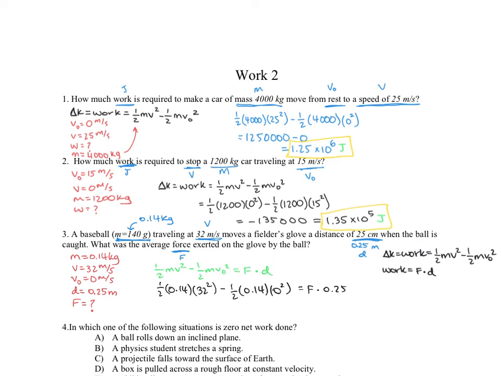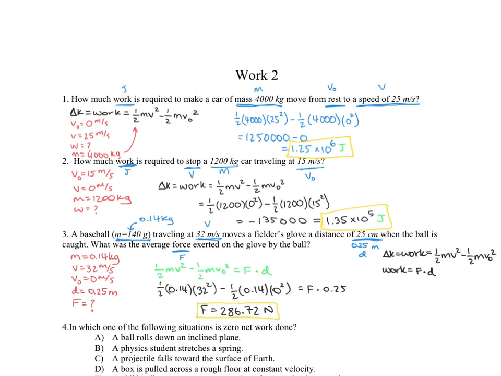Now, once you solve this out and solve for force, you should get force is equal to 286.72 newtons. So this will be the final answer for solving for force.